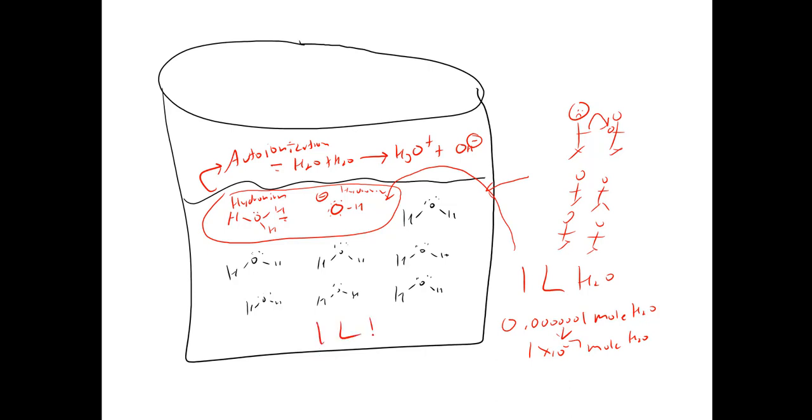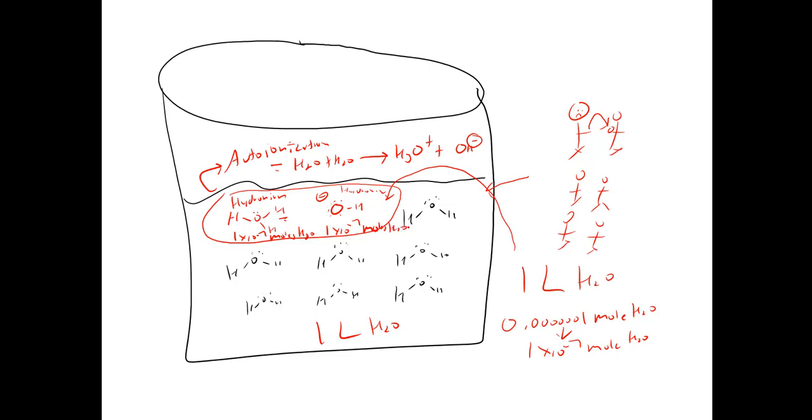So, assuming we have 1 liter of H2O, which I'll label on the beaker, then you will have 1 times 10 to the negative 7 moles of H2O, and you have another one that's 1 times 10 to the negative 7 moles of H2O.